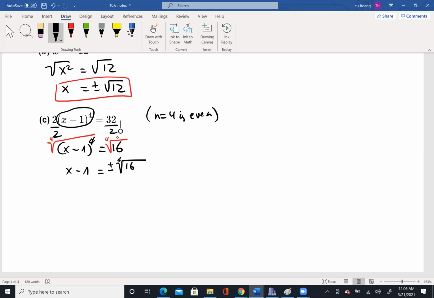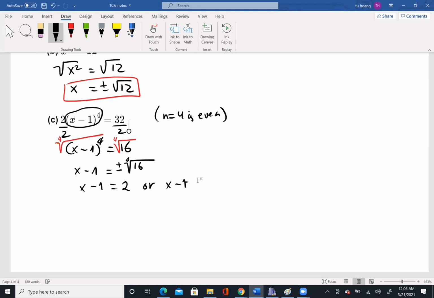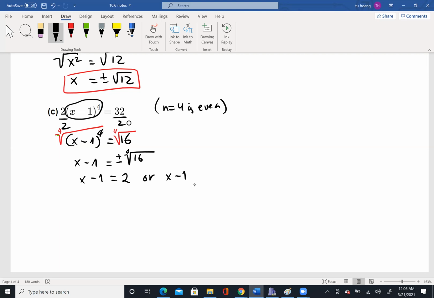That gives x minus 1 equal to 2 or x minus 1 equal to minus 2.